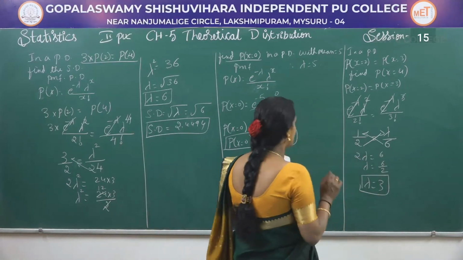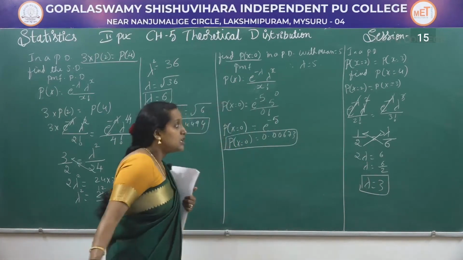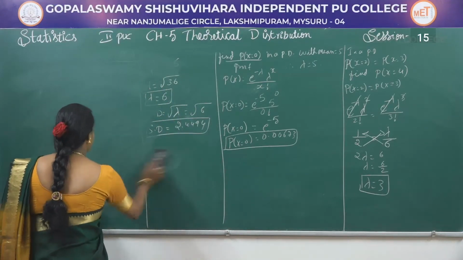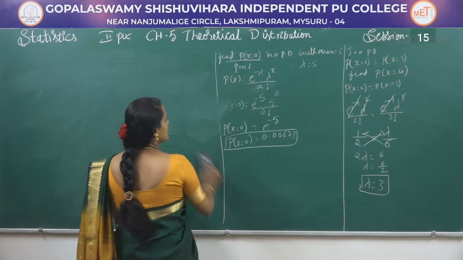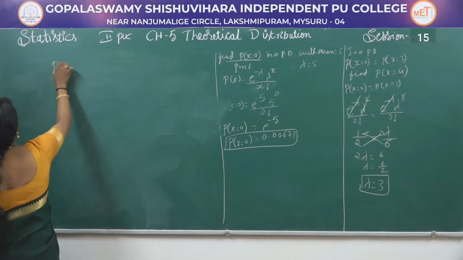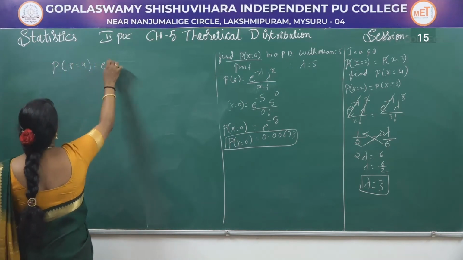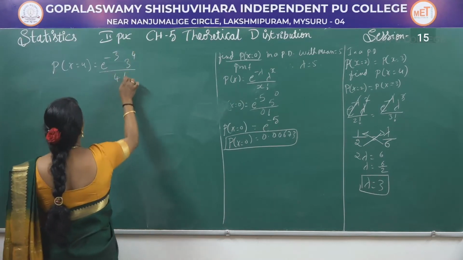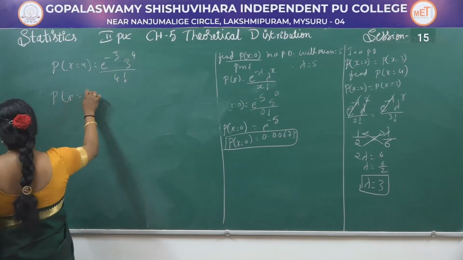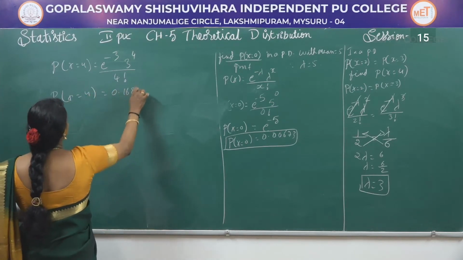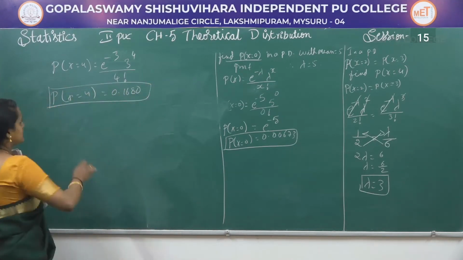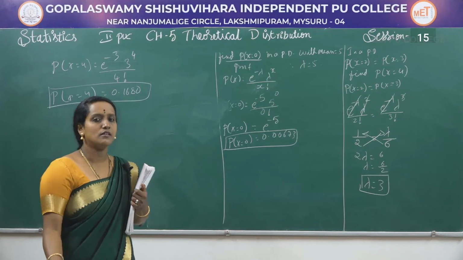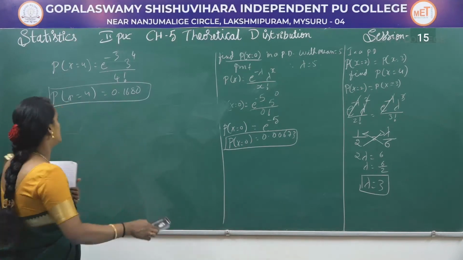Next substitute that value to find P of x equals 4, which is equal to e power minus 3, 3 power 4 by 4 factorial. So P of x equals 4 is equal to 0.1680. This is how we calculate, using the known one, the unknown one. So I'll rub this one.